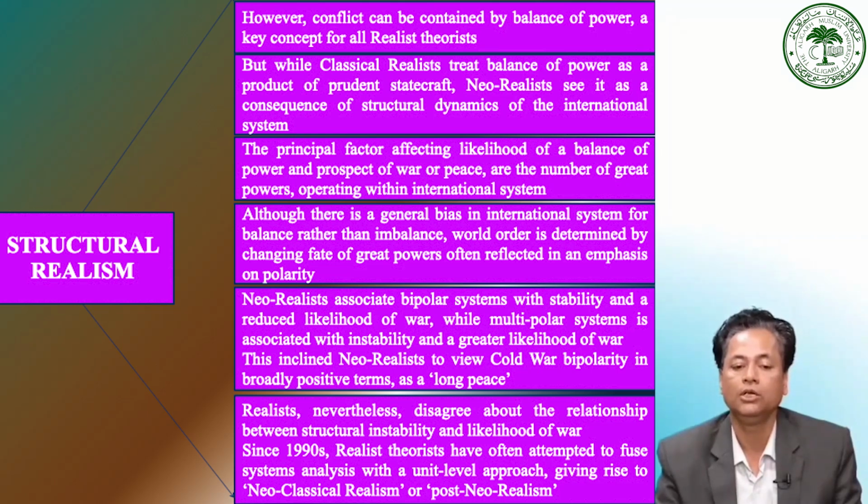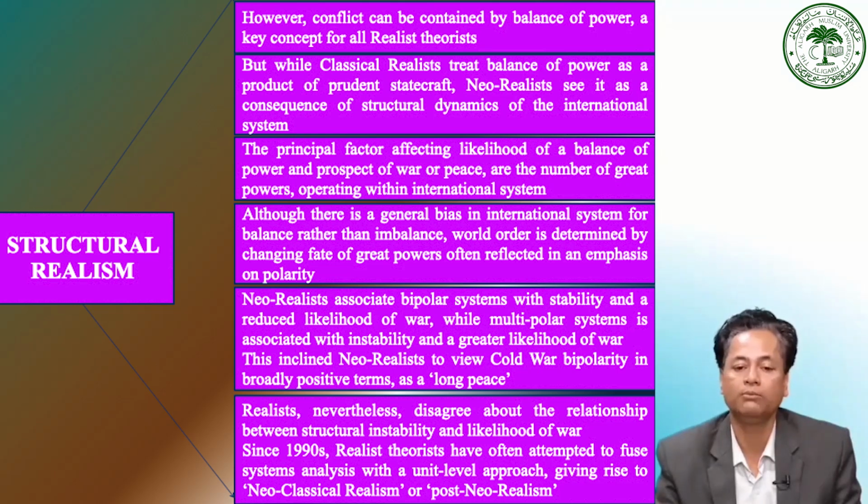Although neo-realist thinking had a profound impact both within and beyond the realist tradition, since the 1990s realist theories have often attempted to fuse system analysis with unit level approach, giving rise to what has been called neoclassical realism or post neo-realism. So you will find that the neo-realists basically focused on the international system, the systemic level of analysis.